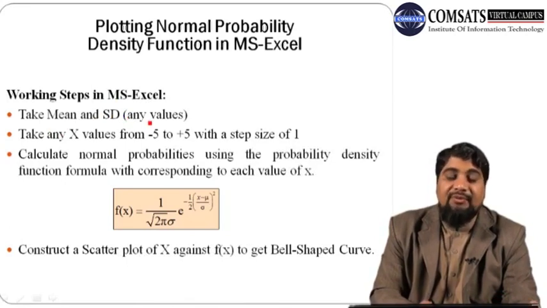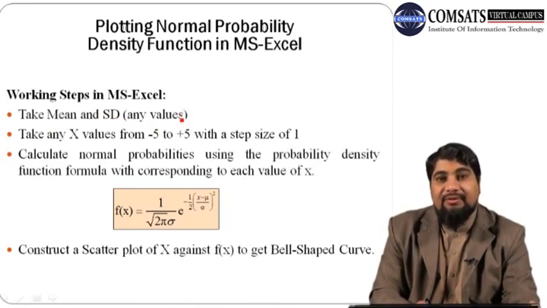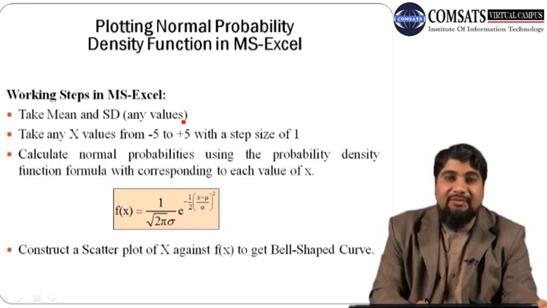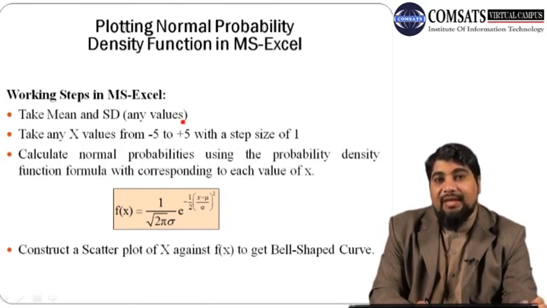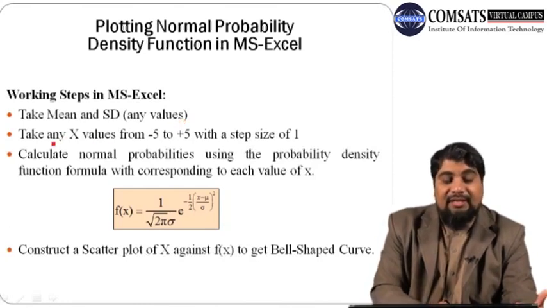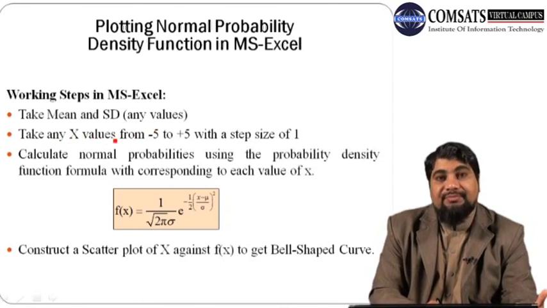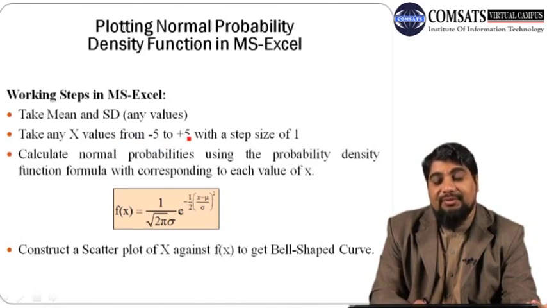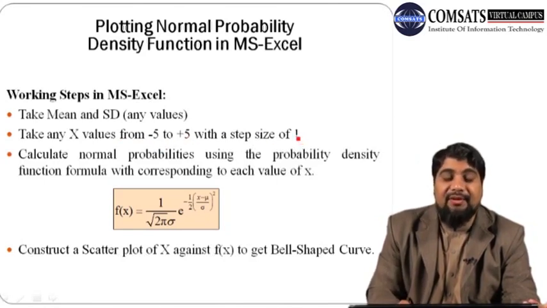We can assume any value of mean and any value of standard deviation, and remember that since standard deviation cannot be negative, we have to take a positive value of standard deviation, whereas the mean can be positive or negative. Then take any x values, suppose from -5 to +5 with a step size of 1.